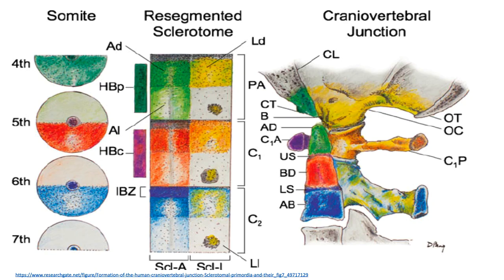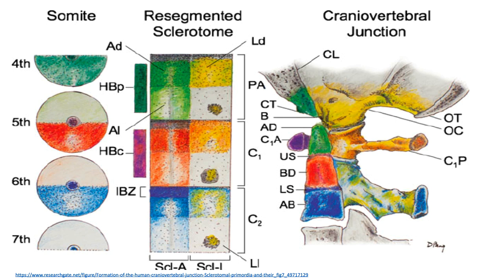What happens is that the lower aspect of this green, after resegmentation, is going to have a change in position.